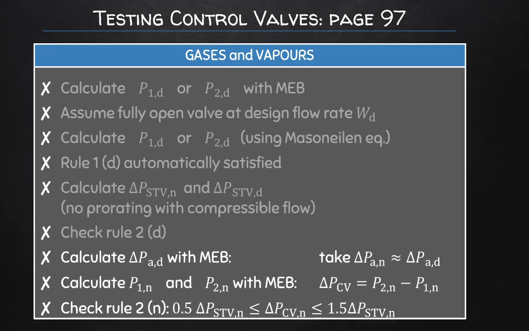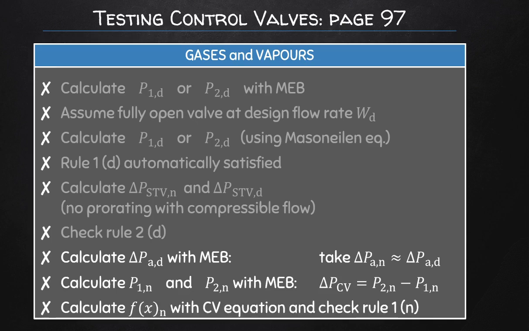And lastly, as before, calculate f of x using the control valve equation, and then check that rule 1n is satisfied. If not, again, choose a control valve with a smaller nominal diameter, and then this will ensure that you push the pressure drop a little bit up, and then the valve has to be operating slightly more open.